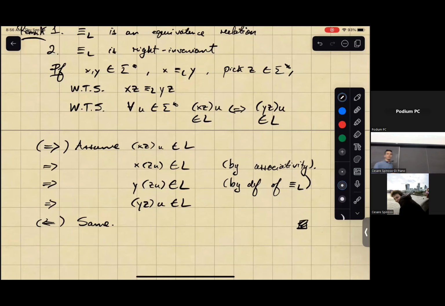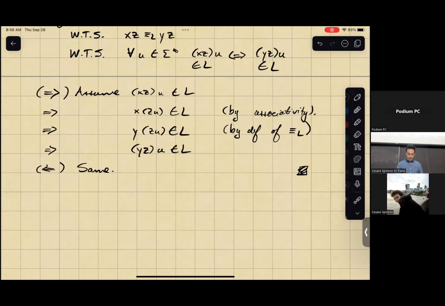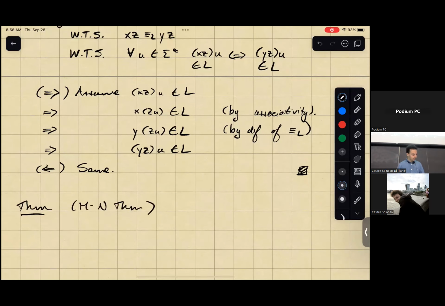Excellent. Okay, people are with me. More so than on Tuesday, at least for now. That's great. Okay, good. No more questions. Good. All right. So at this point, I'm ready to state the Myhill-Nerode theorem, which I'll just write as MN theorem. It has the following setup.